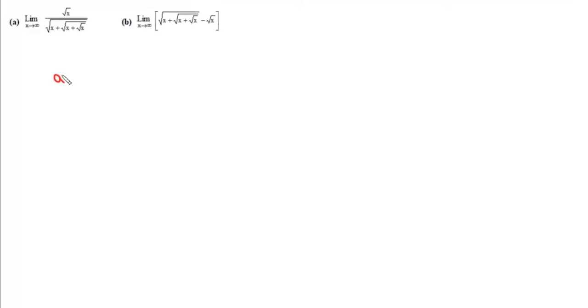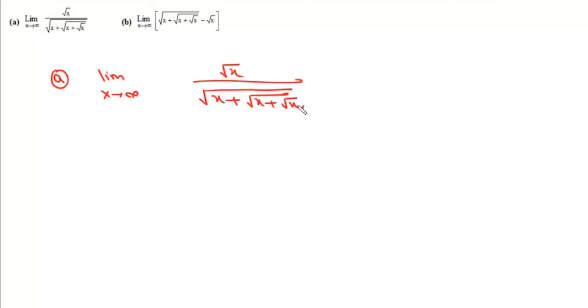Now here this question is this limit x tends to infinity under root x upon under root x plus under root x plus under root x. Now the highest power of x in the numerator is 1 by 2 and the highest power of x in the denominator is also 1 by 2. So we'll divide everything by under root x.